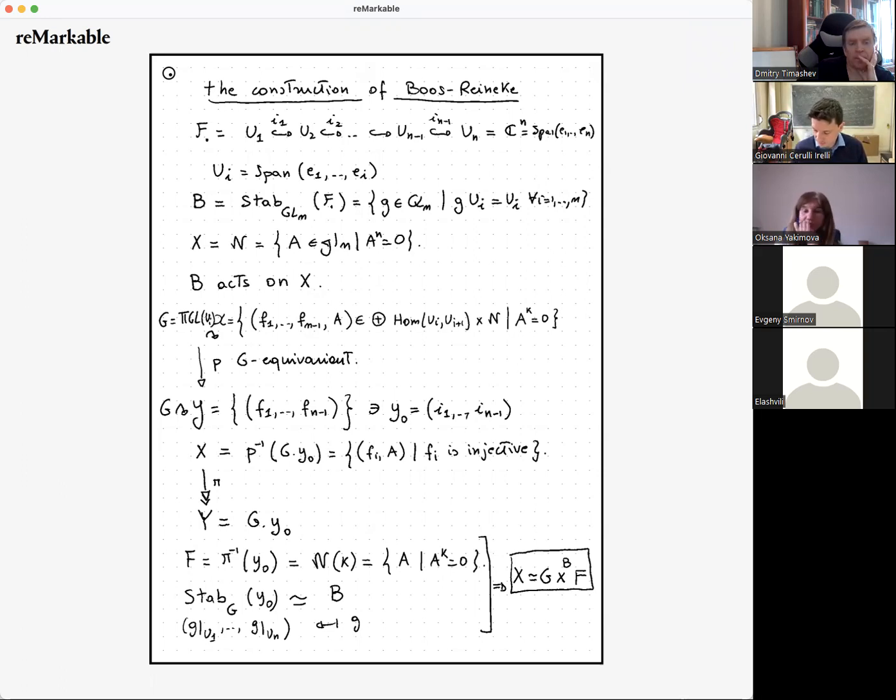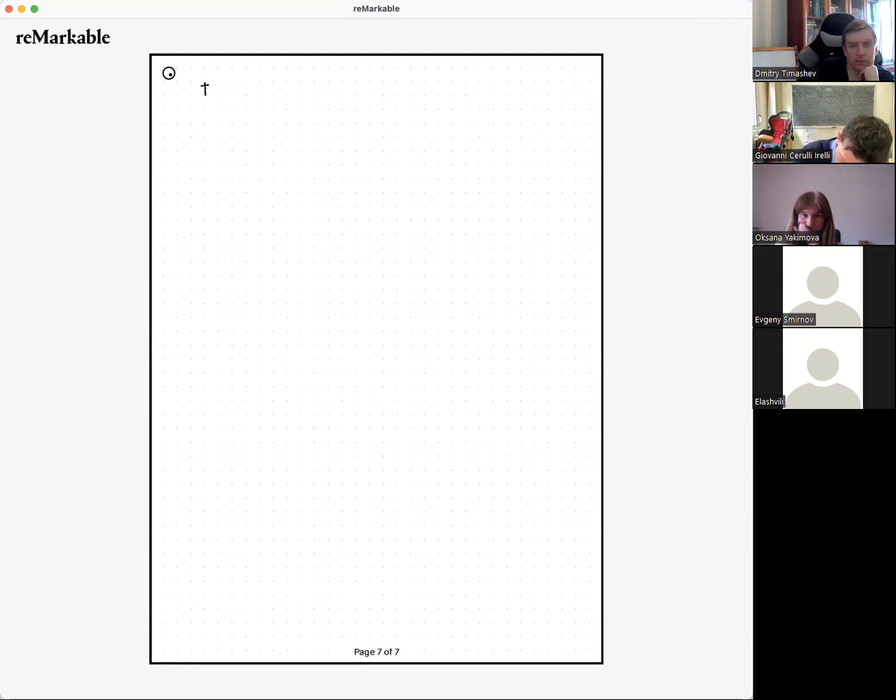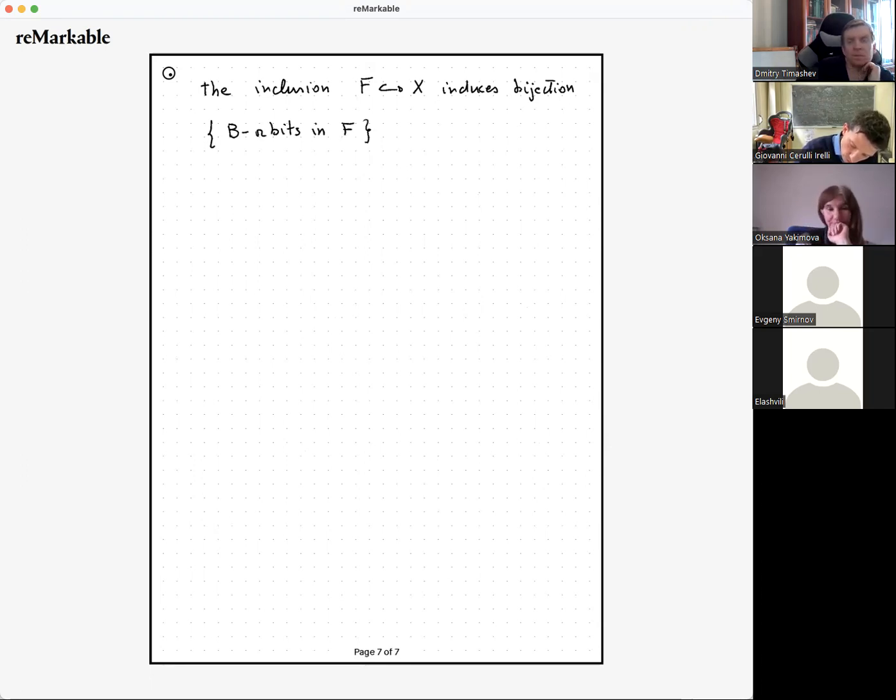This means, very importantly, that the inclusion of the fiber inside the total space induces bijections between B orbits in F, which is the object we are interested in, so B orbits in the nilpotent variety, and G orbits in X. So this is the object we are interested in.